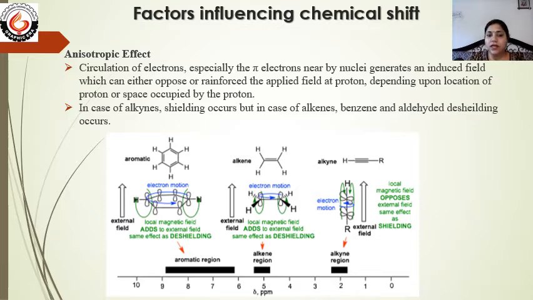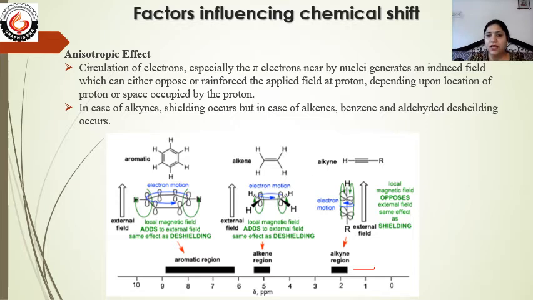If we are talking about the alkynes, shielding occurs. Here the case of alkyne is given. In case of alkyne, shielding occurs. You can easily see the movement of electron motion and the hydrogen which is present there.